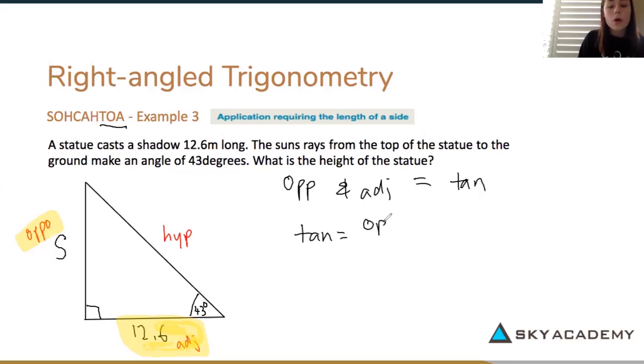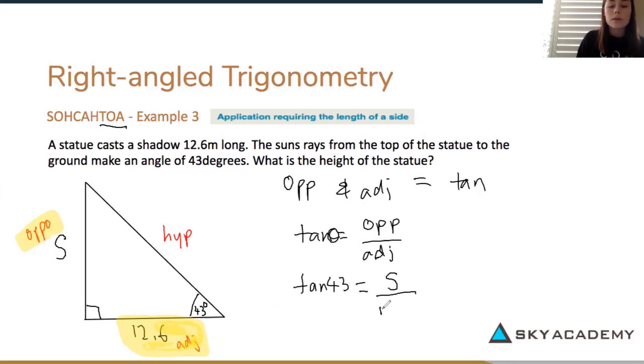And once I've got this equation, I can go ahead and sub in the information from my triangle into my equation. So tan theta, theta is 43. Tan 43 equals opposite, which is my S, the side I'm trying to find, over 12.6.